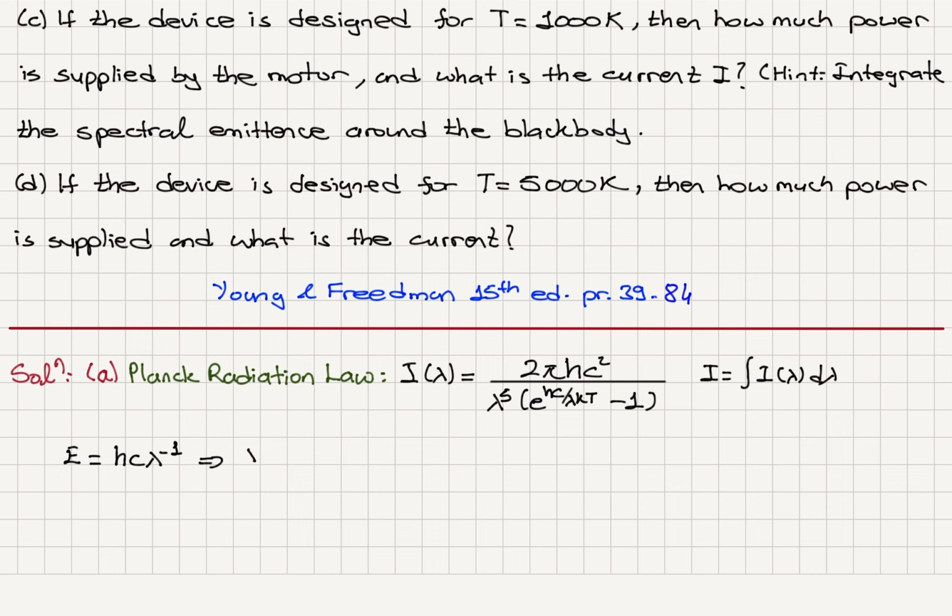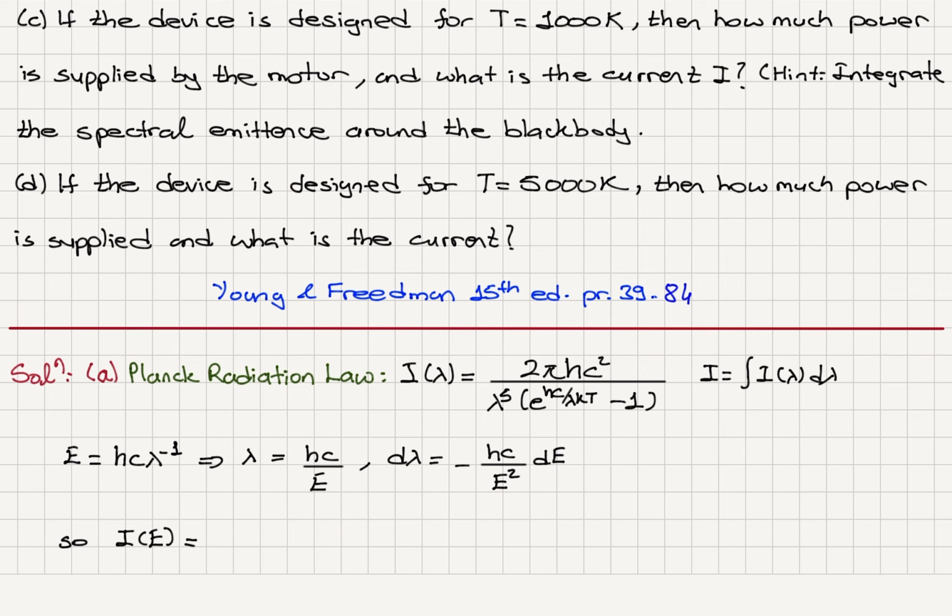In other words, we're substituting lambda equals hc divided by the energy E, so that d lambda is going to be minus hc divided by E squared dE. Okay, so we can now write intensity as a function of energy.